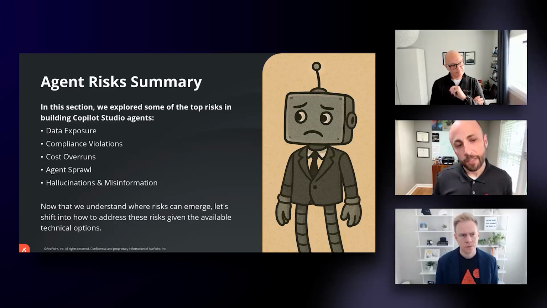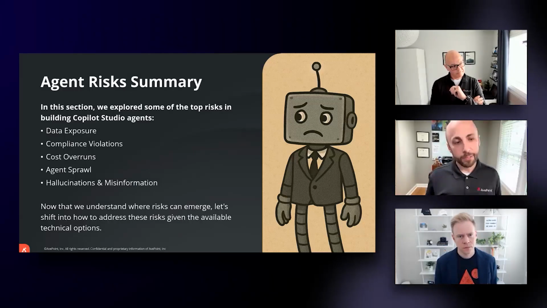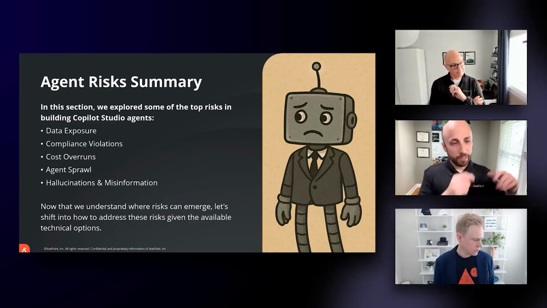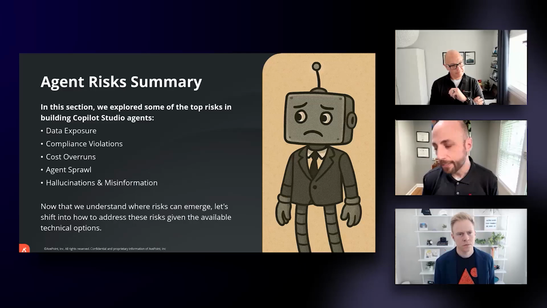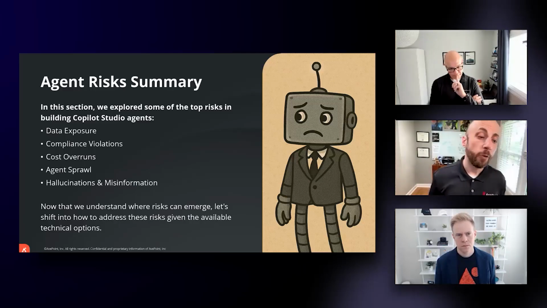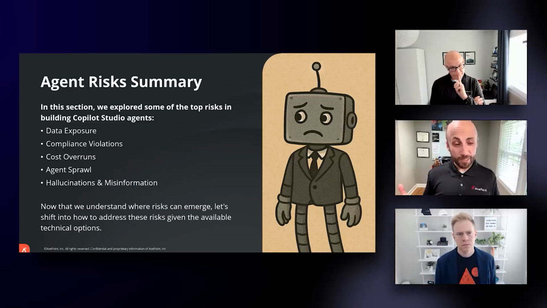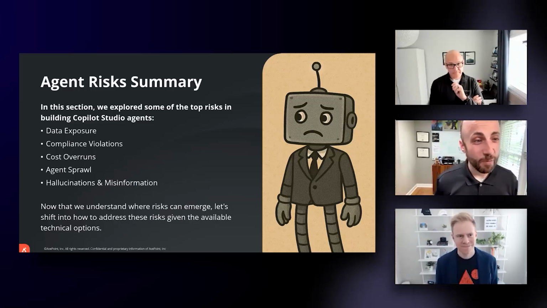The access to data that they might have, how they might handle sensitive information, the cost that they might incur for doing things incorrectly, the fact that they might be creating these little opportunities all throughout your environment or pointing to data sources that are not relevant or current. That's a nice summary of what could potentially and most likely will happen without planning for governance, which is a perfect handoff to Mr. Norm to talk about what we do about these risks.